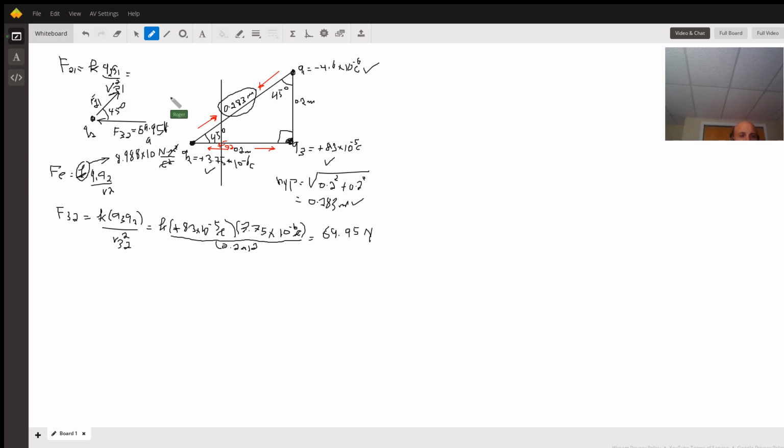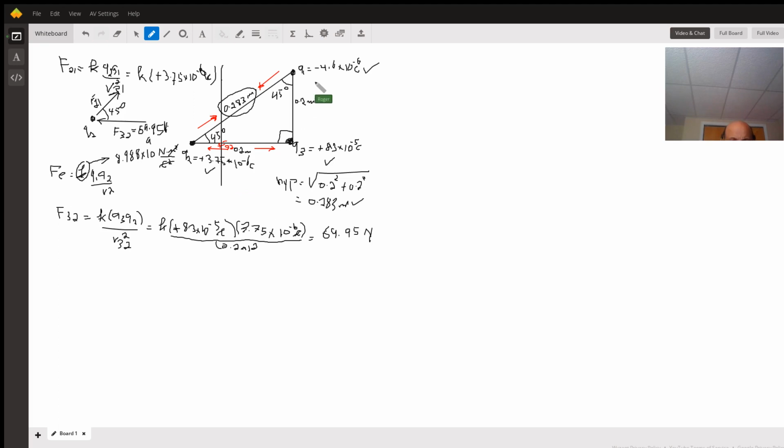Excuse the graphics here a little bit. K, we know what the value is, we just put it in. So what's Q2 and Q1? Well, Q2 is a positive charge, plus 3.75 times 10 to the minus 6 coulomb.